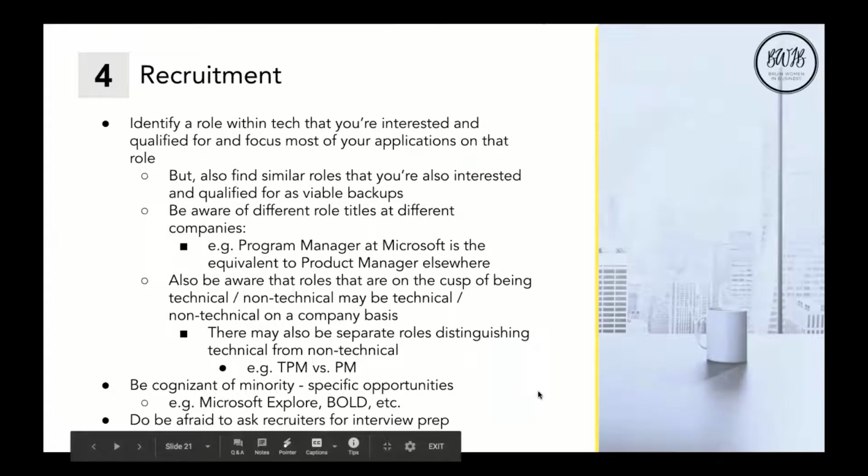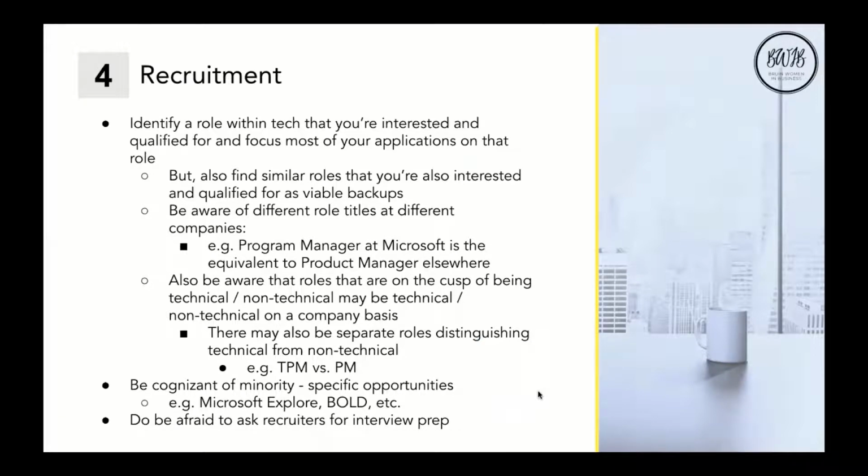Okay, the first thing you should do when recruiting is identify a role in tech that you're interested in and qualified for. And then once you have that, I would suggest that you also find a similar role, mostly because the number of offerings of intern positions in specific roles varies a lot across tech companies. Some companies may have 5 PM internships, but 1,000 SWE internships.